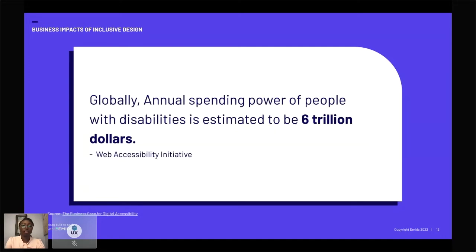The second data I would like to share is that there's a huge capital that people with disability have access to. According to Web Accessibility Initiative, the annual spending power of people with disability is estimated to be $6 trillion globally. $6 trillion. That is huge.